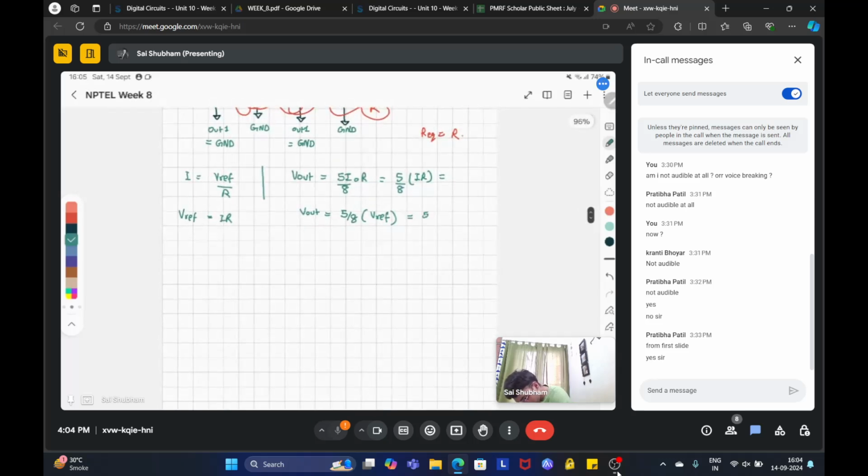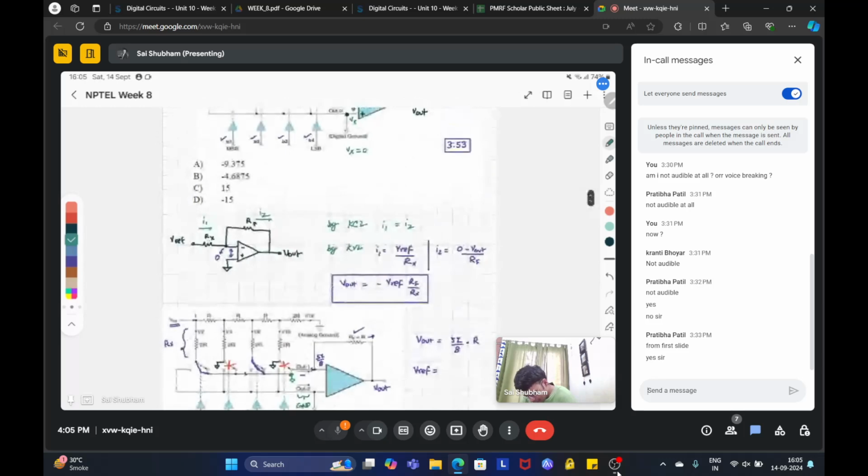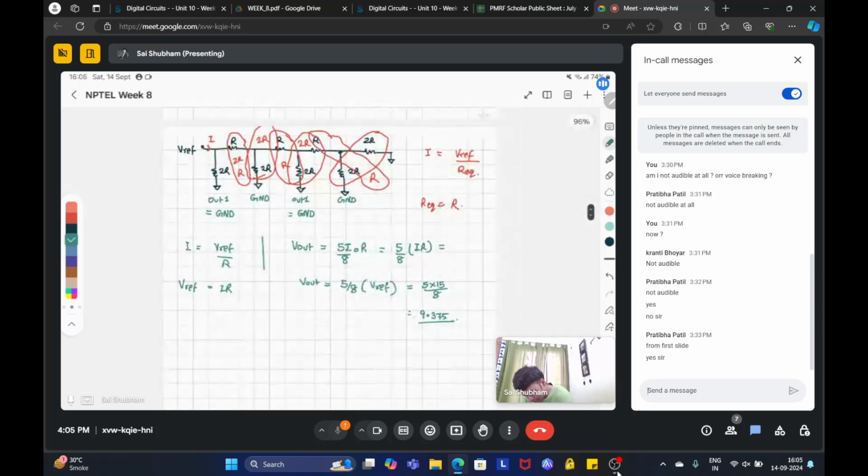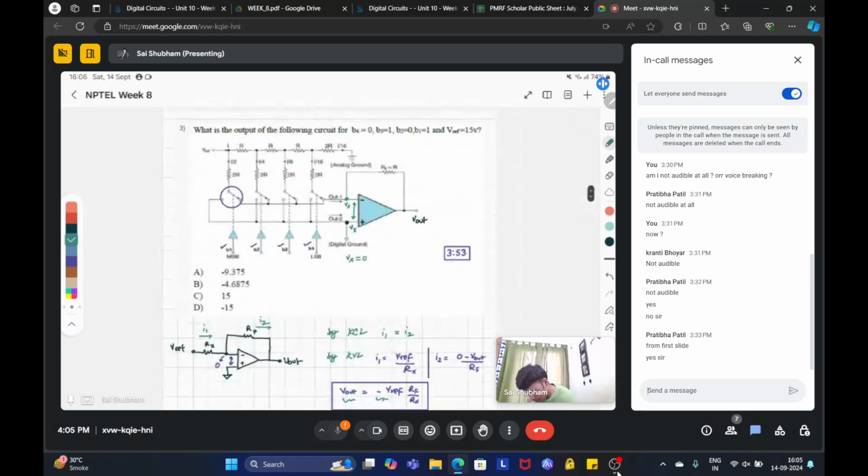This will be 5 into 15 by 8. So this value comes out to be 9.375. Okay. So initially I said that the V out will be in negative polarity as compared to V ref. So that's why this will be minus 9.375. Okay. So the answer is A.